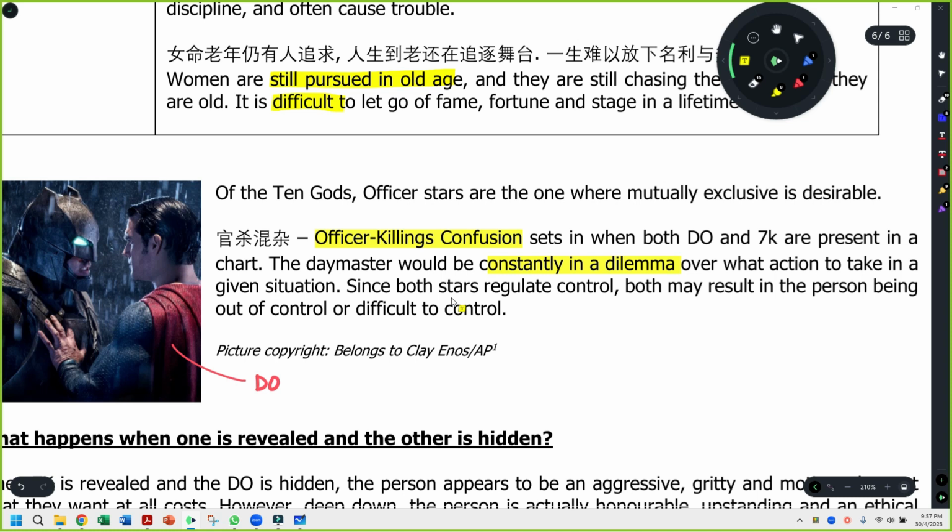This is very different. Of all the other 10 gods, this one is the one. Wealth, no problem. Direct Wealth, Indirect Wealth, both also good. Make money directly, make money indirectly. You can make money both ways, no problem. Resource, direct, indirect, also good. But this one, no. Officer, one or the other.